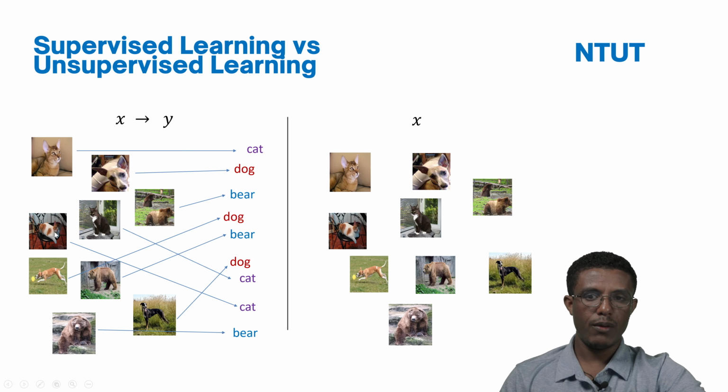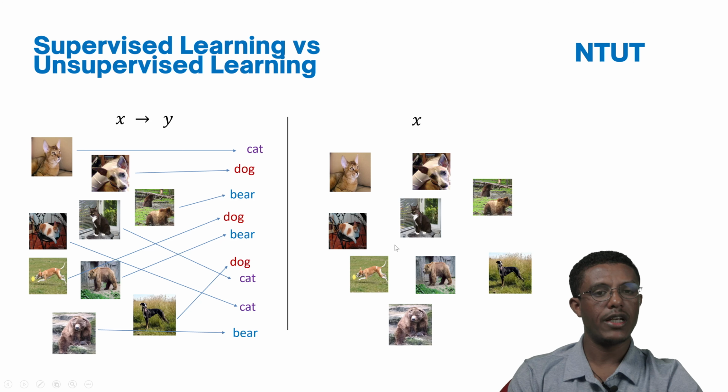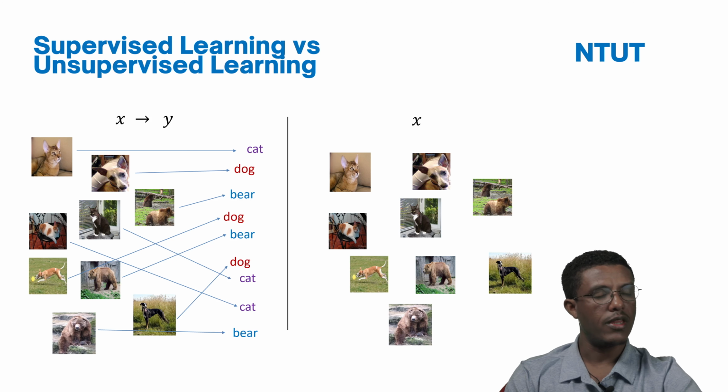When we give this image, the algorithm says this one is a cat. When we give this image, the algorithm says this one is a dog. But in unsupervised learning, it does not specifically predict the name of the animal.